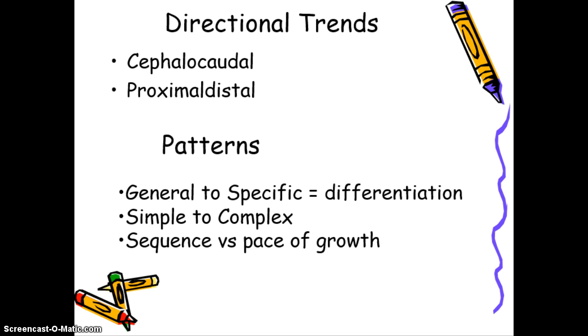As far as directional trends, we grow in a cephalocaudal direction, so it's very predictable. Cephalocaudal meaning head to tail, so the head develops first. And when you think about newborns and the younger infants, we see that they have a very large head, and then the body tends to be a bit smaller in comparison.